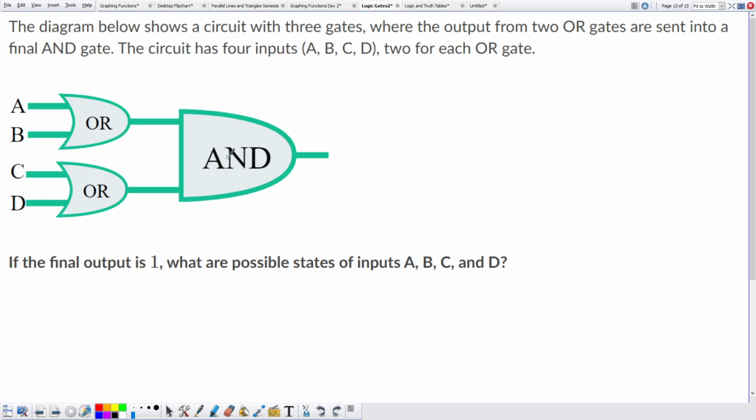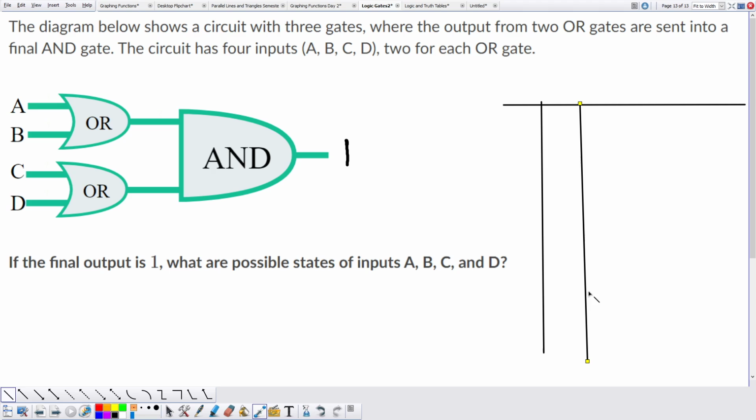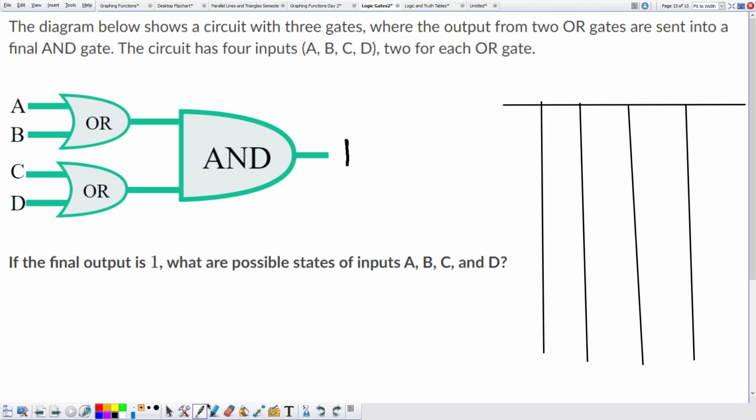Then we have a similar setup, but now there's an AND gate. If your final output is 1, what are the different states for A, B, C, and D? Okay. So we have A, B, C, D, and then, well, we already know the final output's 1.